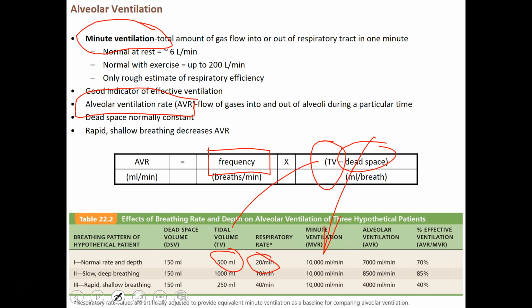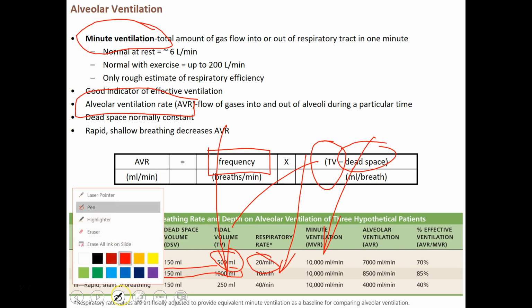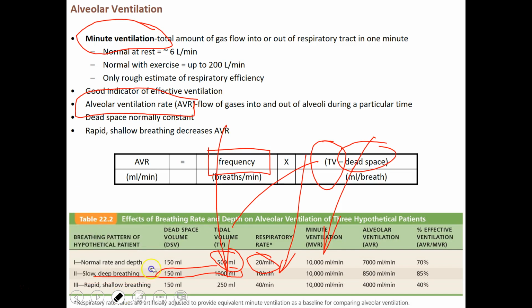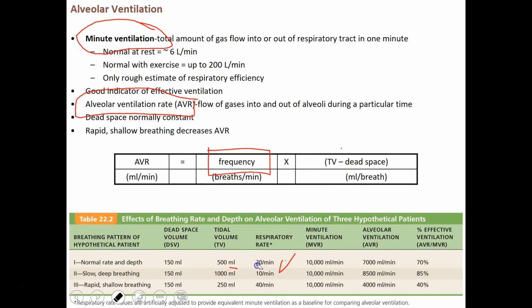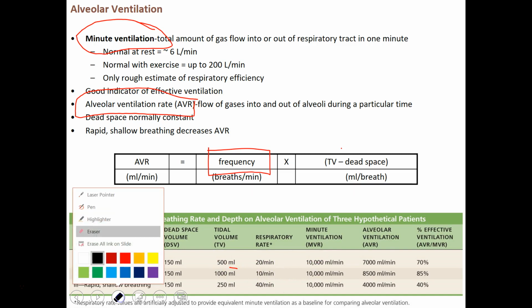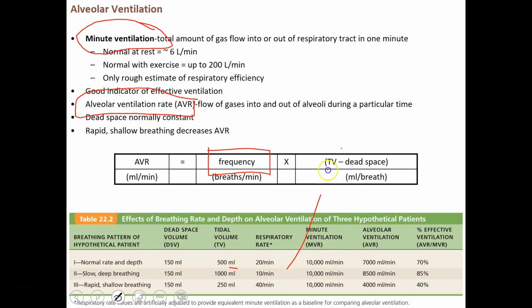So here in this example, you can see that in case of slow and deep breathing, when you take in a lot of air with each breath, although your breathing rate is fairly slow, the amount of air that reaches alveoli with each breath, here in this example, second line, see second line here.